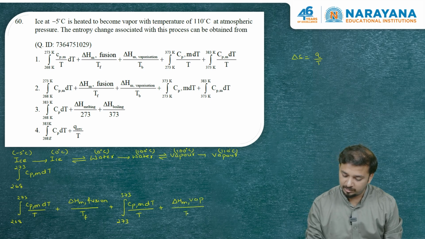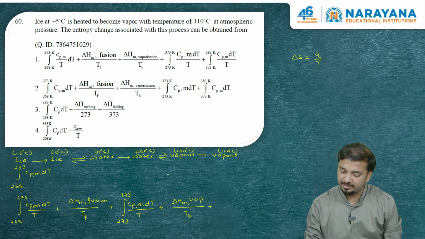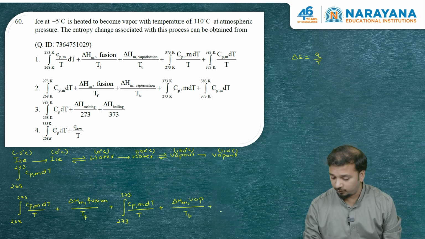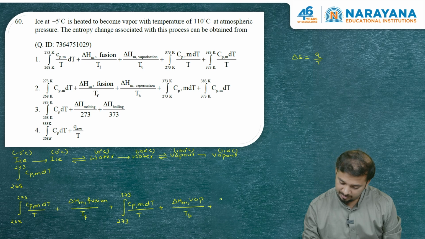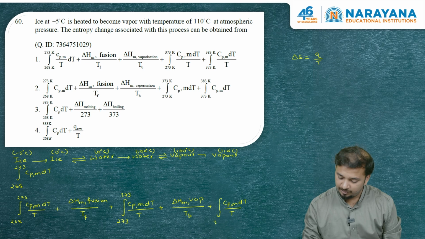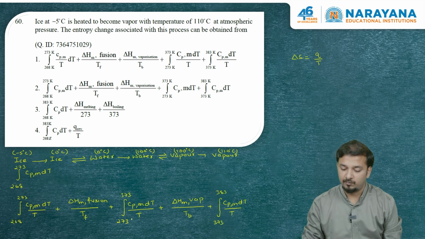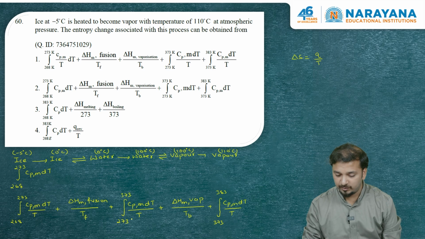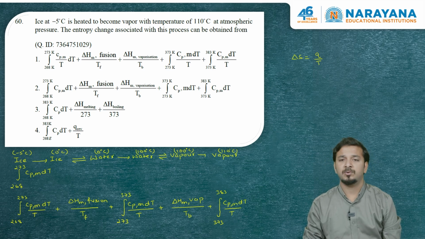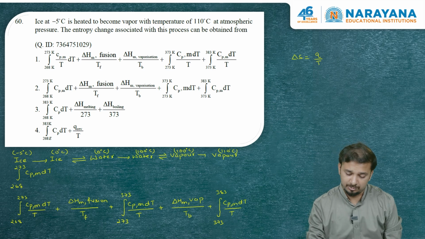This is boiling point, so TB. Plus again there is increase in temperature of water vapor. So again we'll write integration CPM dt upon T. Now limit will be 373 to 383 Kelvin. So this expression will give us the total entropy change associated with this process. So correct answer for this question will be option number 1.